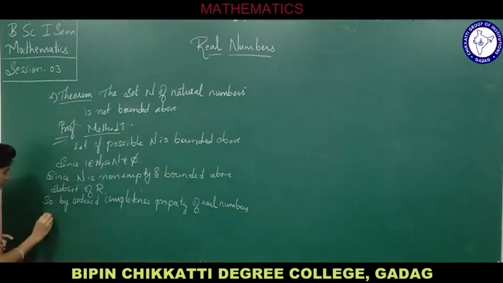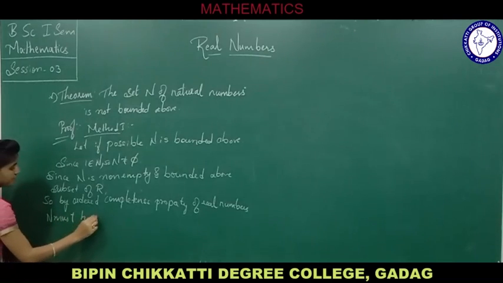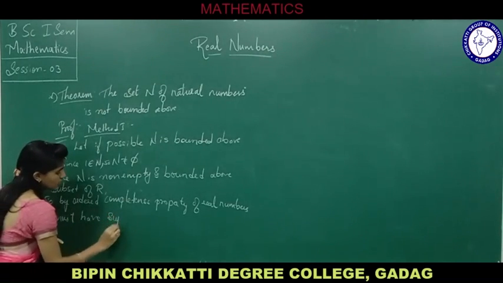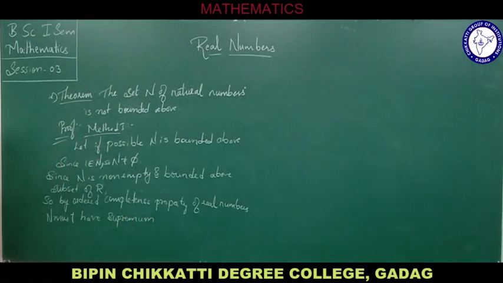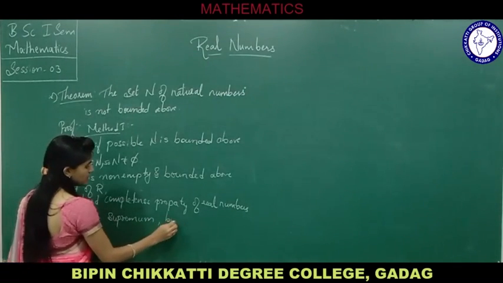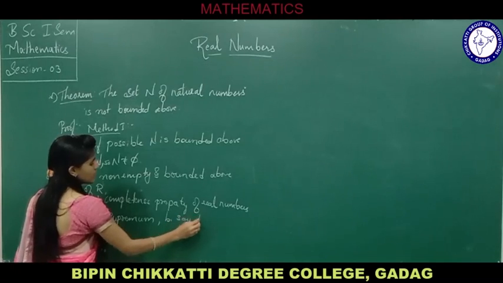N must have a supremum. Yes or no? If it is bounded above, then by the ordered completeness property, N must have a supremum. Let us consider that as B. Okay, B, say, then what is going to happen?